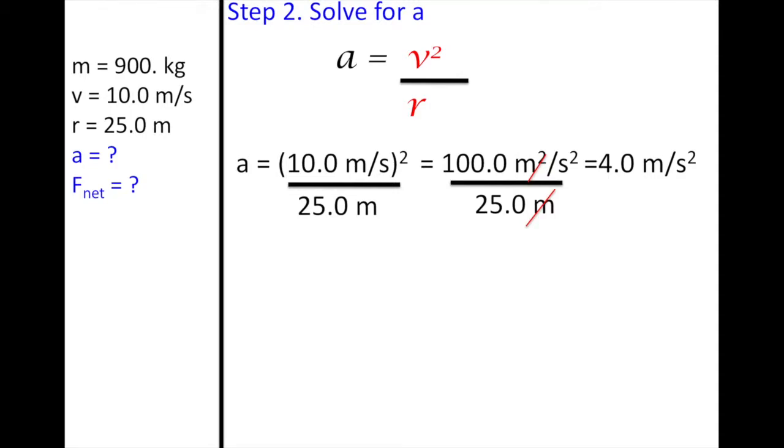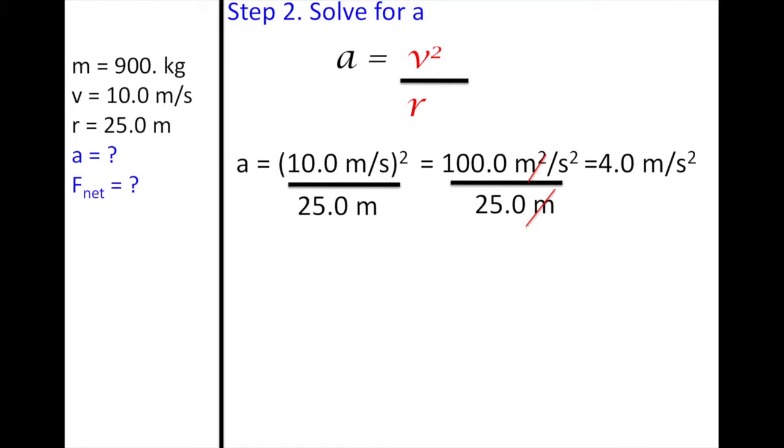And over on the left, you don't have to worry about writing this. I just wanted to have it here so that we could see what numbers I was plugging into the equation. So we know that acceleration equals velocity squared over radius. When we plug everything in, we get 10.0 meters per second, all squared, over 25.0 meters.